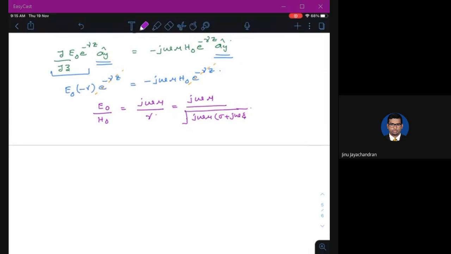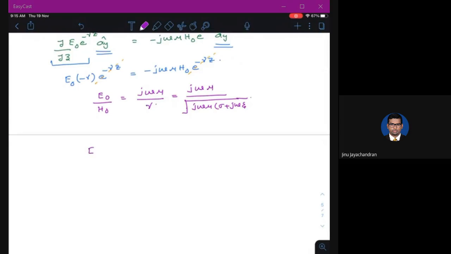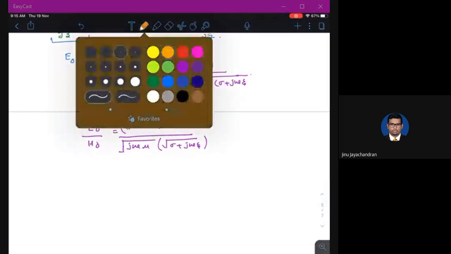Okay. So I can write E0 by H0 is equal to j omega mu, which I can write as square root of j omega mu whole square, by square root of j omega mu multiplied by square root of sigma plus j omega epsilon. Because square root of product of two numbers is the square root of first number multiplied by the square root of second number. So the squares will cancel.